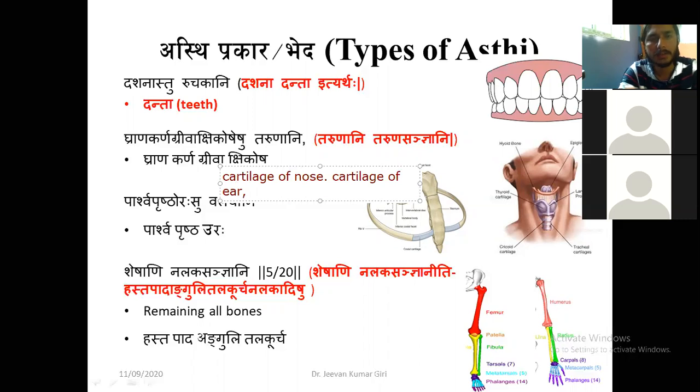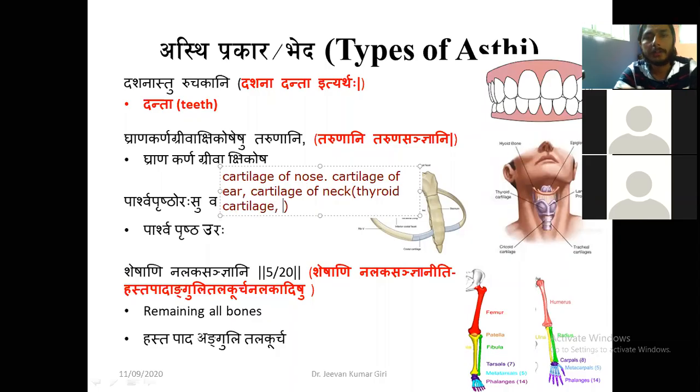Griva: the cartilage of the neck or throat. That cartilage in the neck is the thyroid cartilage, and the cartilage of the trachea.